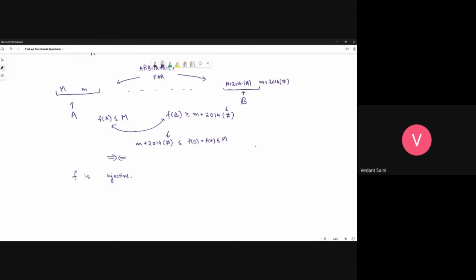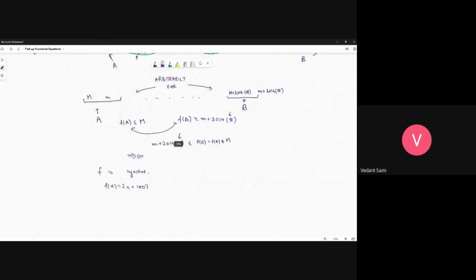F is not injective gives a contradiction, and the only solution is 1007. Is this clear? Any doubts? Cool. So this was the first problem.